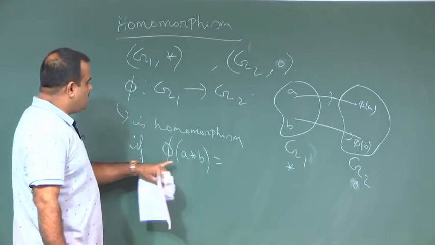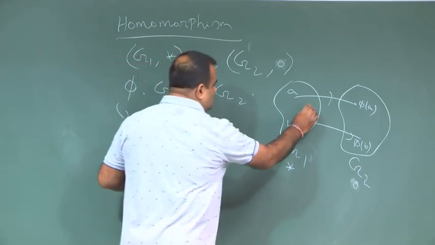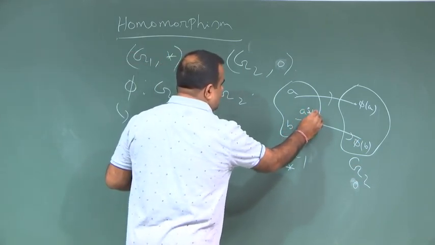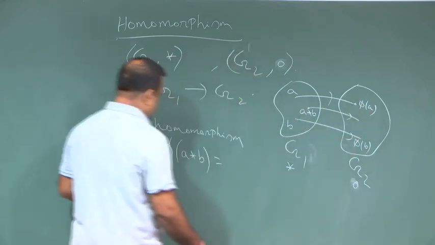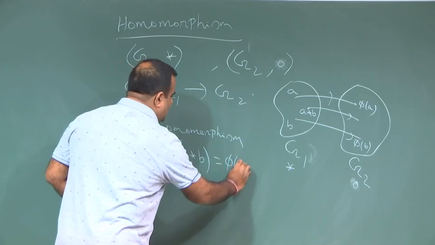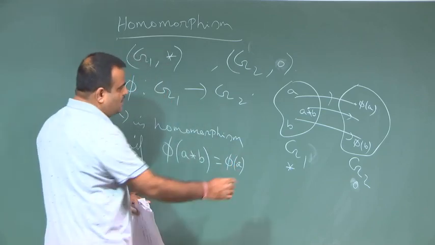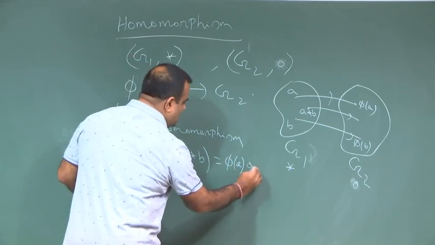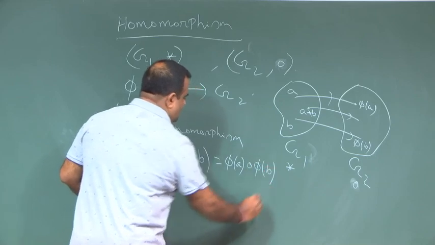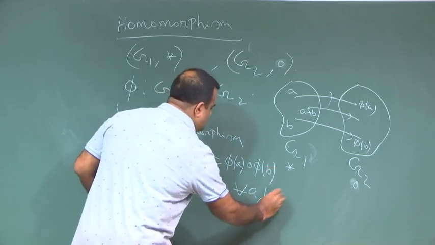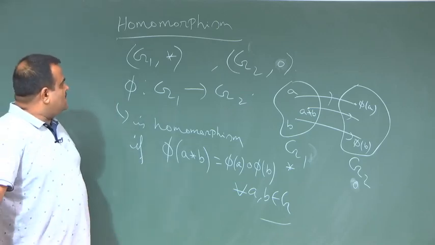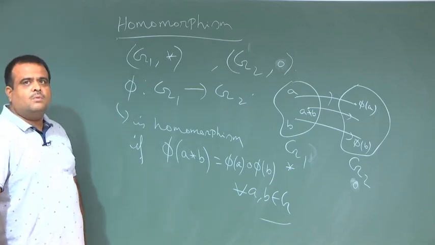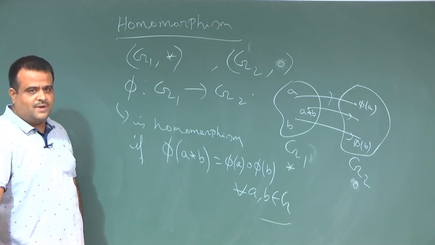Now, A star B is somewhere here, and phi of A star B will go to phi of A and phi of B, but here the operator is different. If this is true for all A, B, then this mapping is called a homomorphism, homomorphic function or homomorphic mapping.